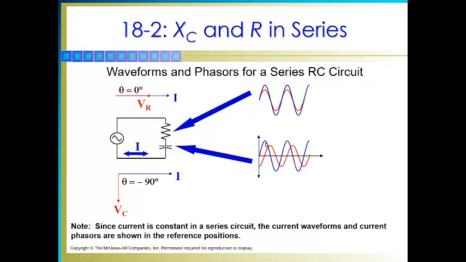When the current is at its maximum, the voltage is at 0. Now, when this one goes to 0, this one is at the maximum, and so on. So the voltage lags the current on the capacitor. And these are the sine waves representing the combination of the voltage and the current through each one of these elements.